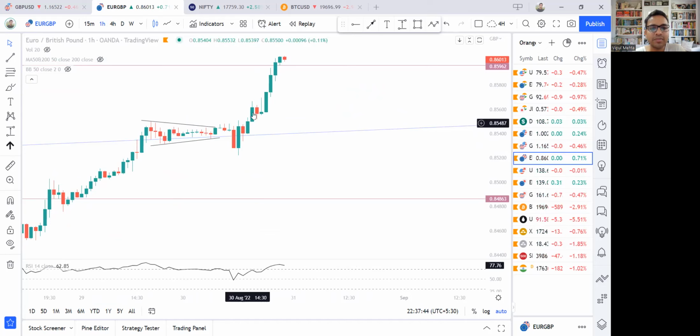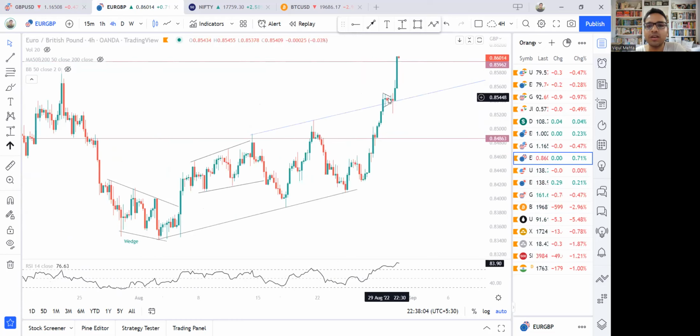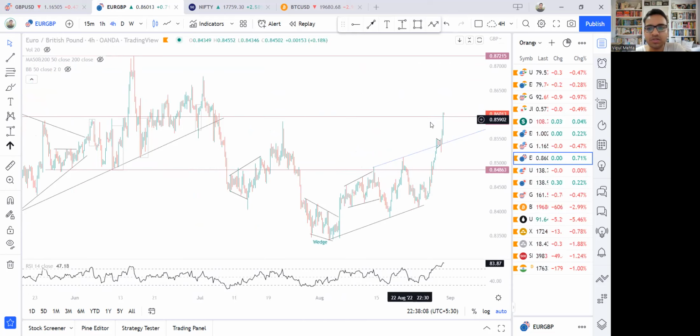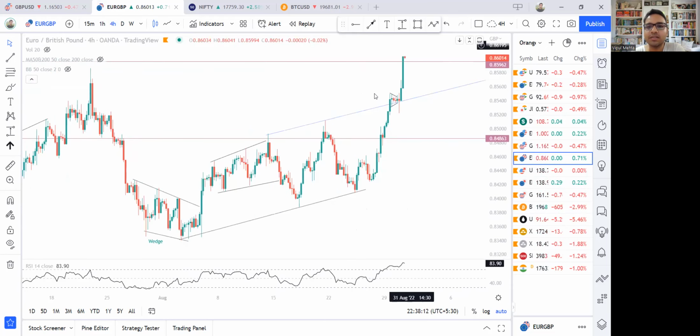I missed this, and was very sad to notice, because I went out and then noticed that the price had already run away. This was a very good buying opportunity, because I was looking for this pennant, and the price would go to these previous zones, 0.86 being the most obvious one, and that happened.